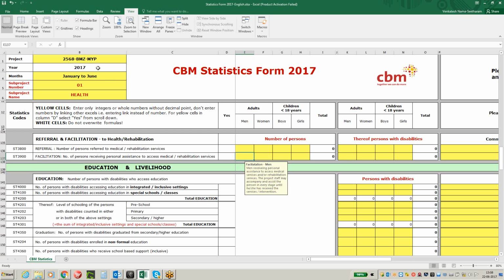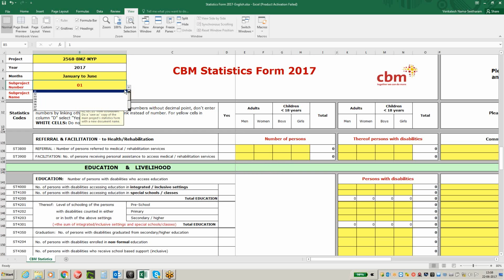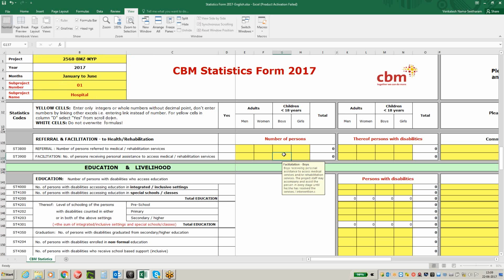For reporting, they can split the statistics into two forms by using the same project number, but they use 01 and say it is the hospital, and put all the data relating only to the hospital in the statistics form, where the people referred to the subunit, they just put here as referrals.